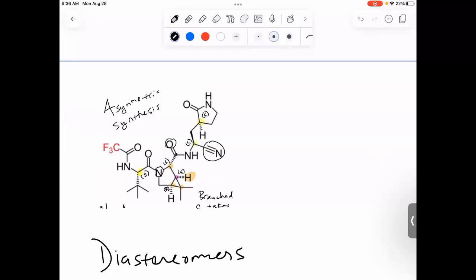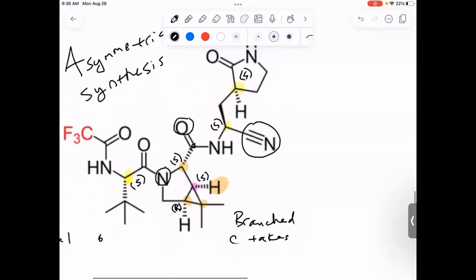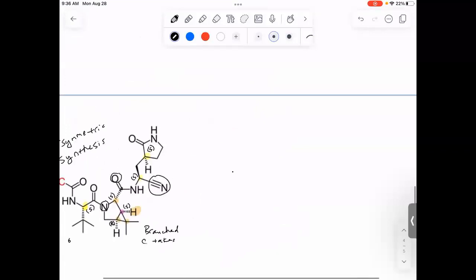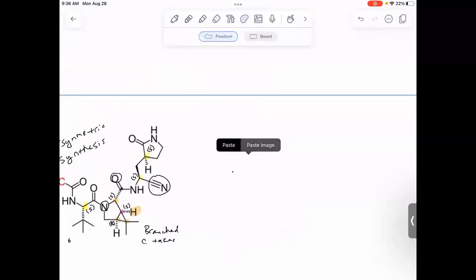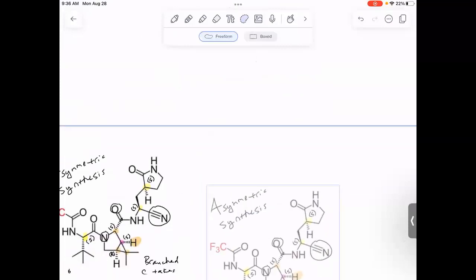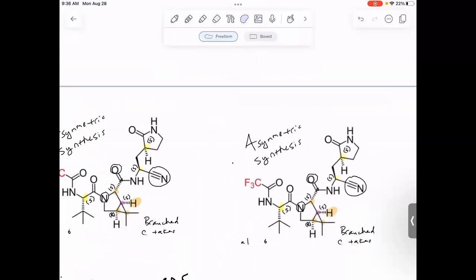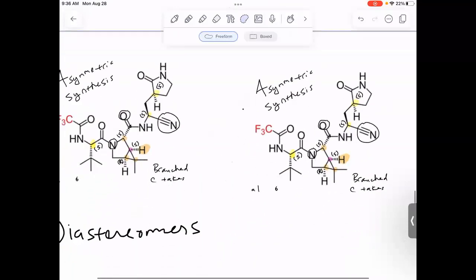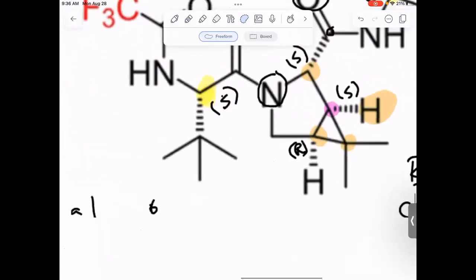In a diastereomer, it is not a mirror image. And I'm just going to go ahead and paste this again. So for this molecule, let's say this is the original molecule, and then this is a diastereomer of that molecule.